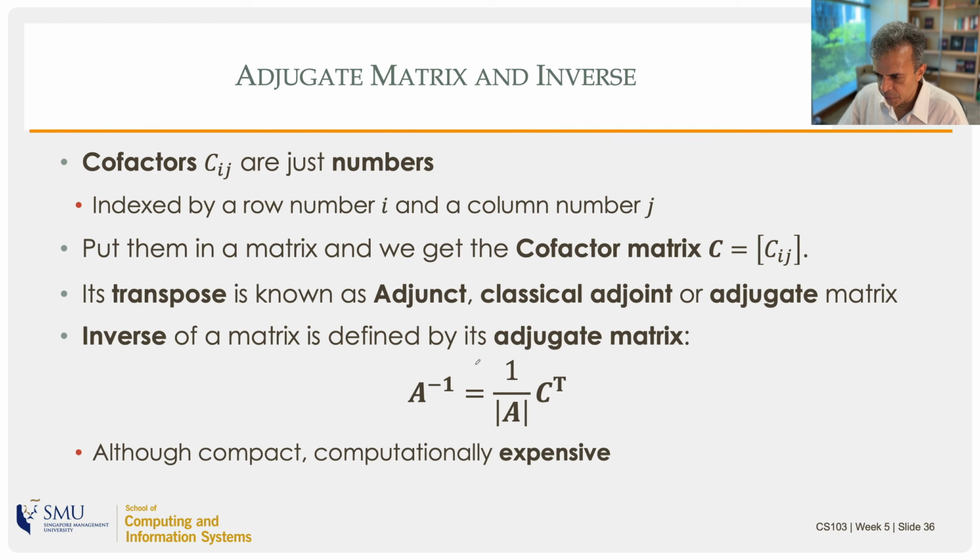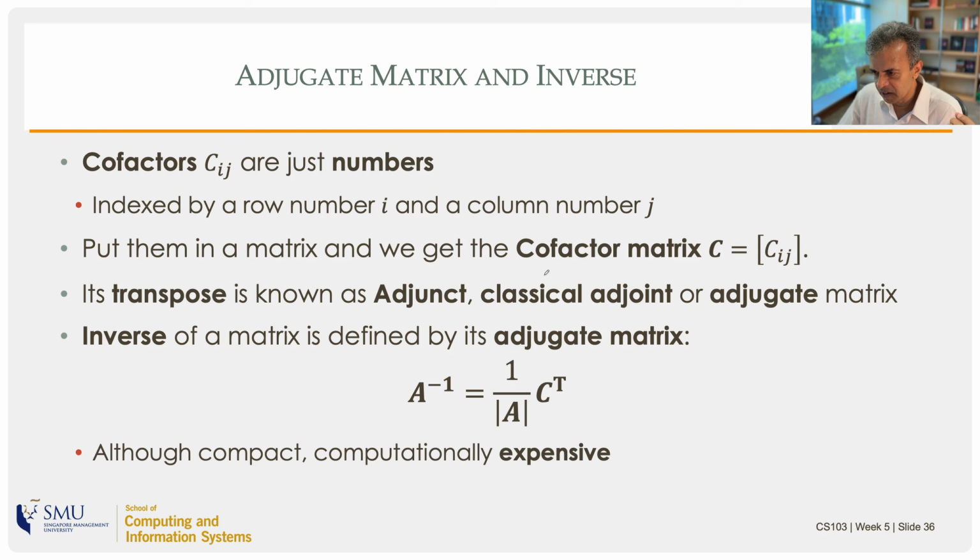All you have to do is take the transpose of the cofactor matrix, which is the adjugate matrix, and divide it by the determinant of A. You see that the determinant of A comes in the denominator. That is the reason why, if the determinant is 0, you cannot compute the inverse, and it means the matrix is singular. So it's a compact statement defined in terms of cofactors, but remember, a cofactor is a minor.